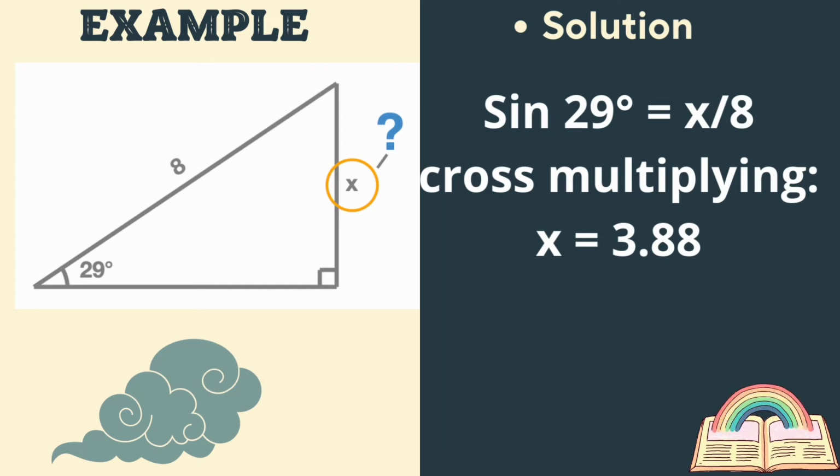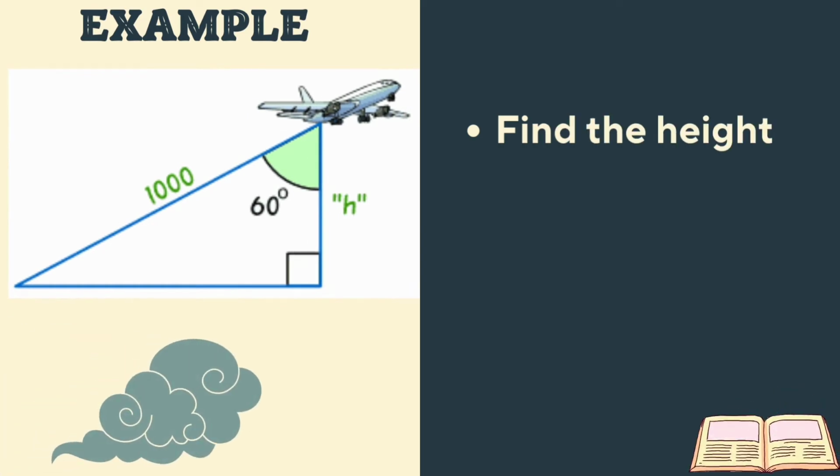So the sine of 29 degrees will be equal to the opposite, which is x, all over the hypotenuse, which is 8. And so when you cross multiply, you are going to have x being equal to 8 times sine 29, which makes x equal to 3.8.